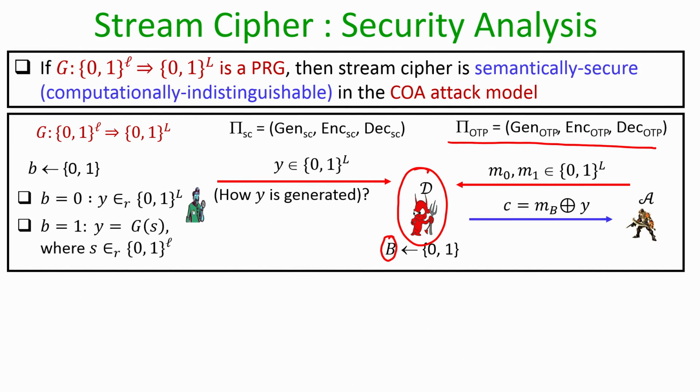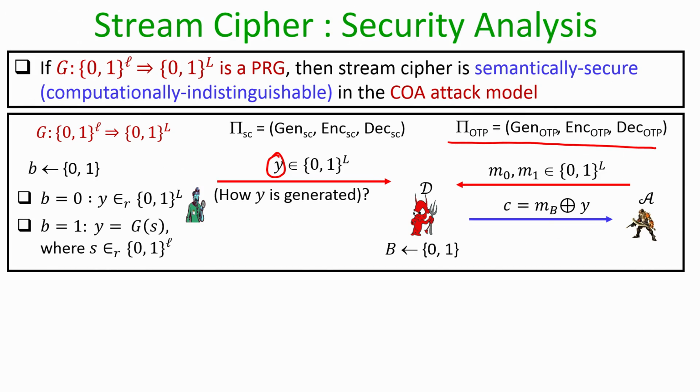So, what the distinguisher D does is it uses the sample y, which is given as a challenge for the distinguisher, as the pad, and it masks the message MB with the challenge y, produces the ciphertext C and gives it to the adversary A. Now if you see what exactly is happening here, if the challenge sample y given to the distinguisher D is uniformly random, then what D has created for the adversary is an instance of the OTP based indistinguishability experiment, because in that case the challenge ciphertext would be an encryption of the message MB as per an instance of one time pad, because y would be truly random.